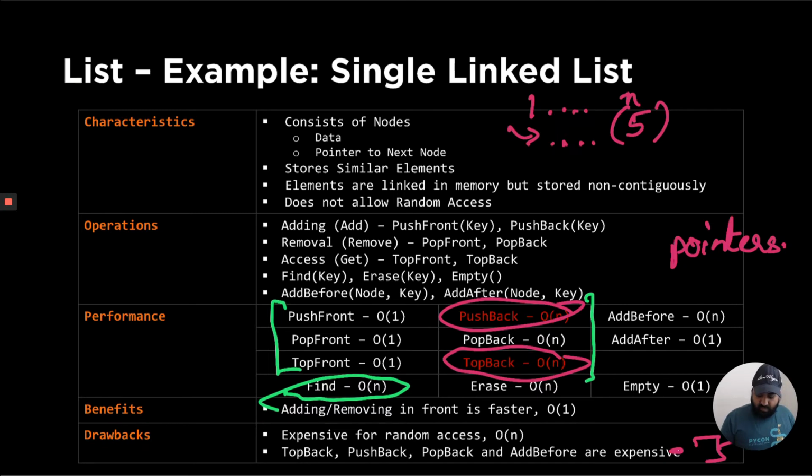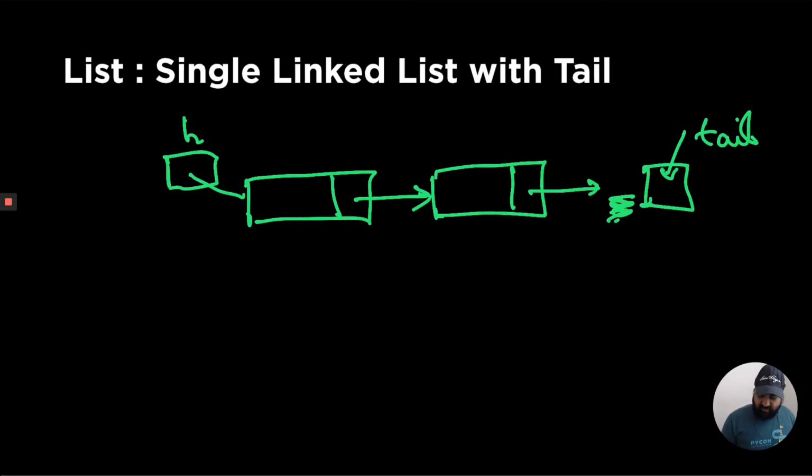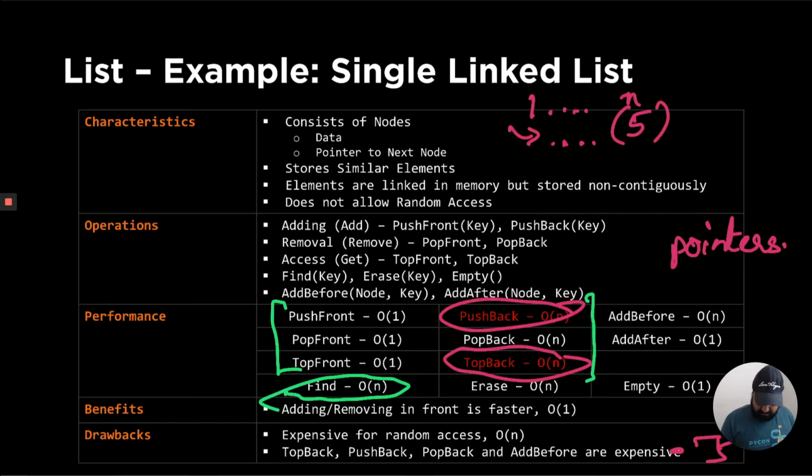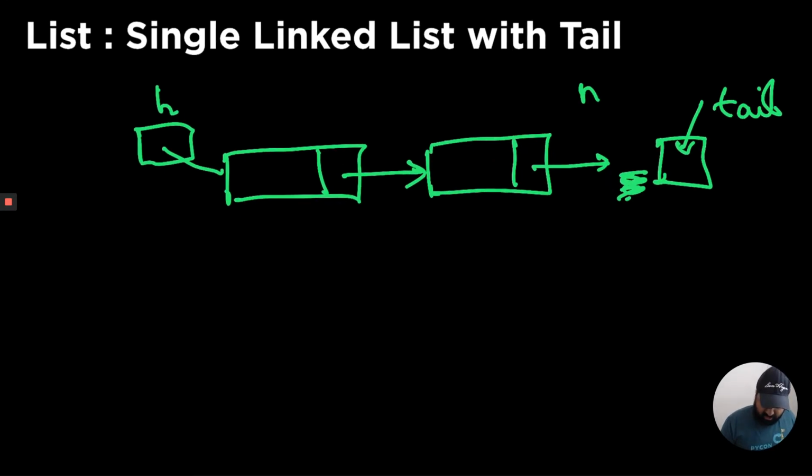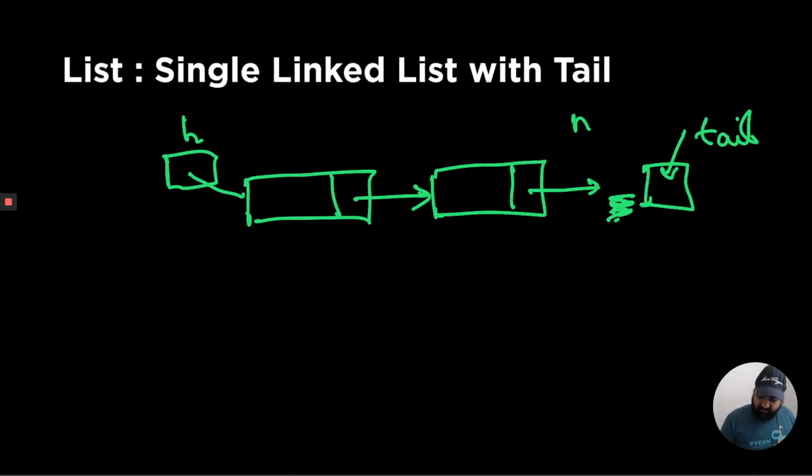So how can we do that? Let's say we want to find the last element; we can find that using this tail element. Or let's say we want to push an element at the end, an element n. What I can do is use the access I have to this tail.